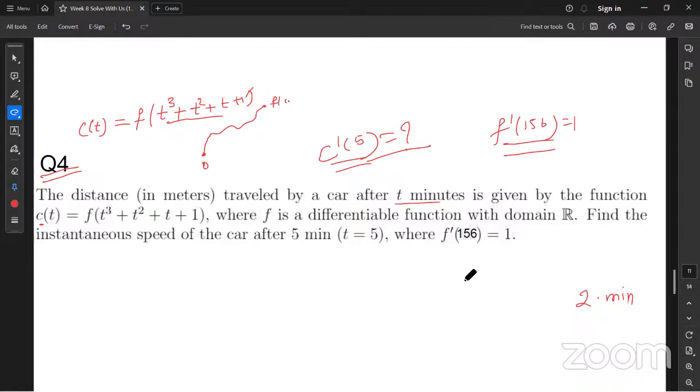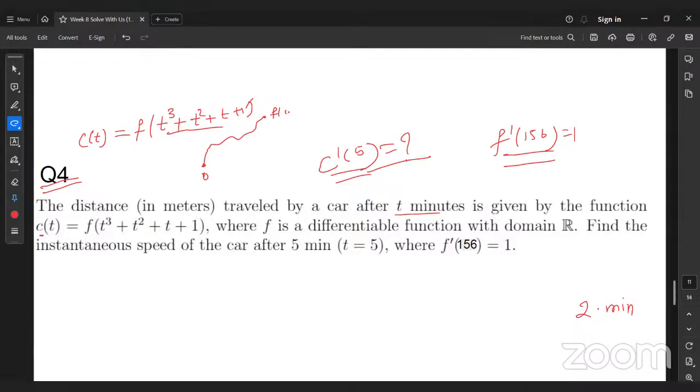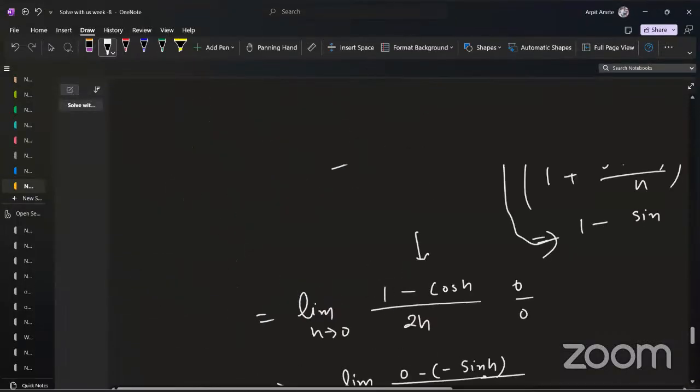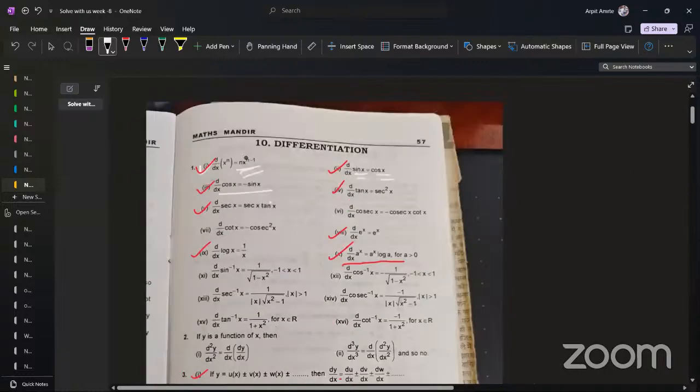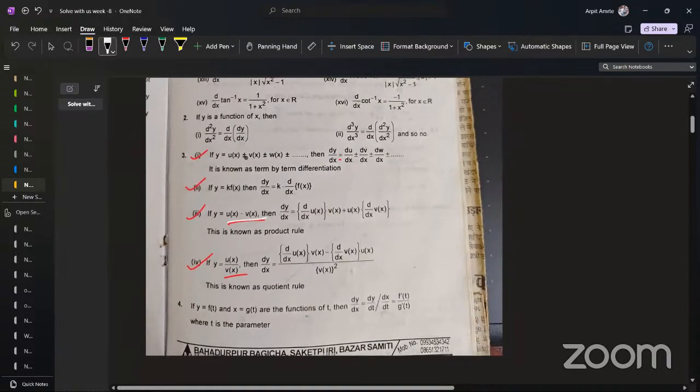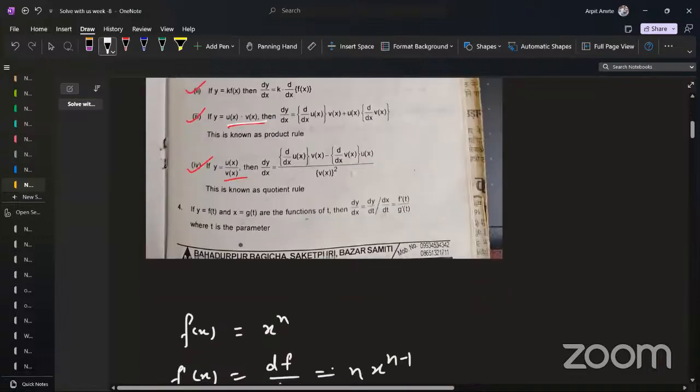Which formula will we use here? Any idea? Composition of the function. Here this formula is there. The composition of a function. No, that formula is not here.